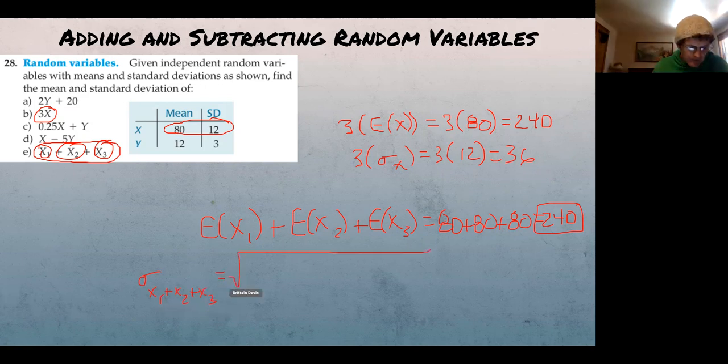So I need to do the variance of x sub 1 plus the variance, and notice when I'm saying variance, I'm doing the standard deviation squared, of x sub 2 and the variance of x sub 3, which in this case will be the square root of 12 squared plus 12 squared plus 12 squared.